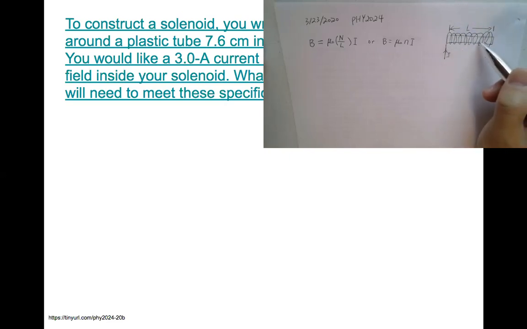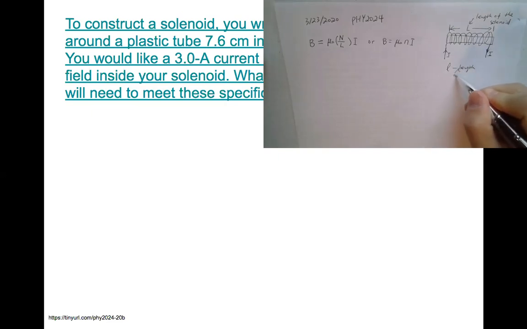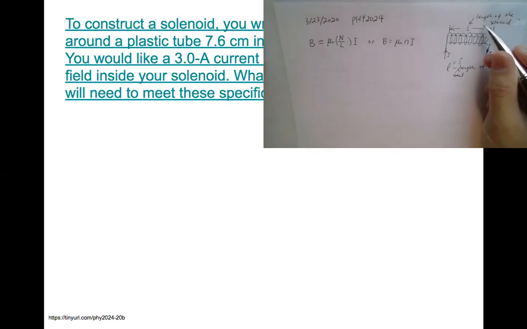Let's call this total length small l. This one is the length of the solenoid, and this is the total length of the wire, which is what you are looking for. You're not looking for the other because that's already given.